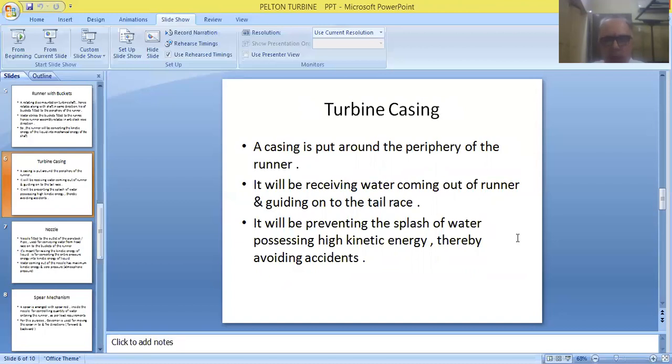It will be scattering in all directions. Therefore, for preventing all these problems, this casing is very, very essential. It will be receiving water that is coming out of the runner, and also it will be discharging the same quantity of water onto the tail race.